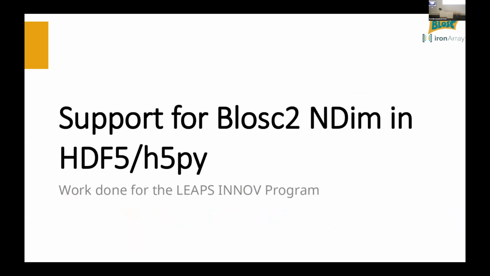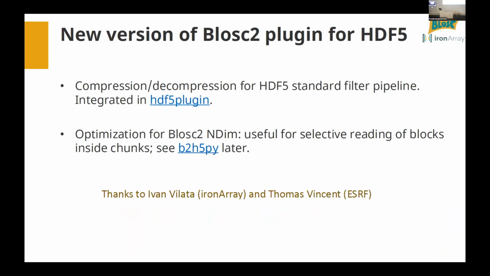Okay, so let's start with the support for Blosc2 inside of HDF5. This was work done in the framework of a program that ended last year. As a consequence of this work, we released a new version of the Blosc2 plugin for HDF5.